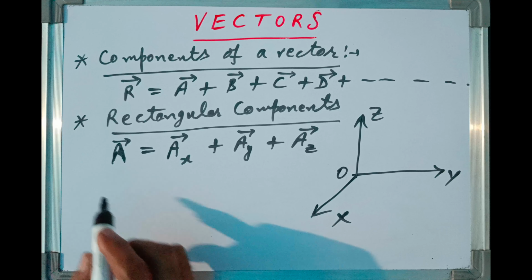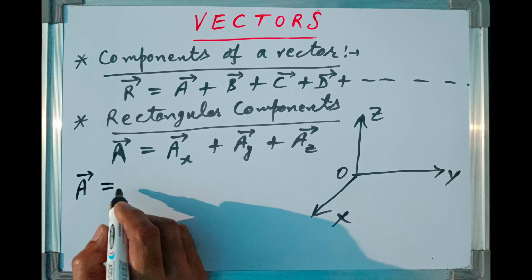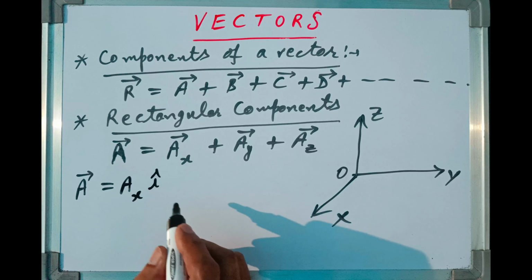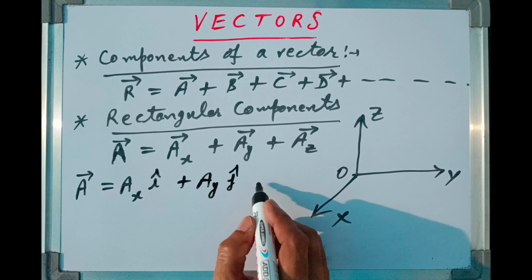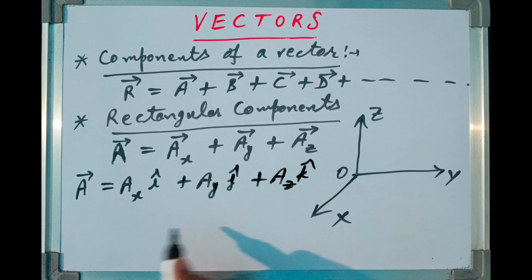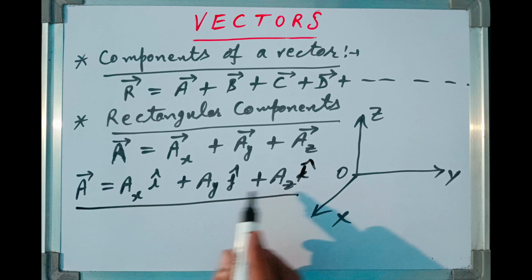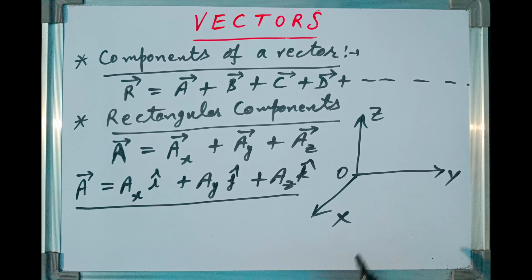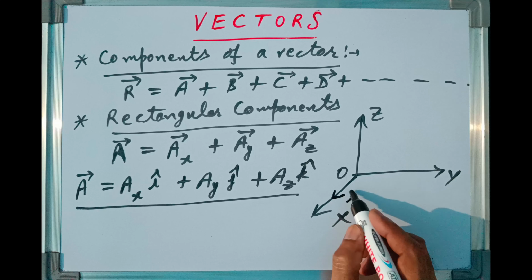Now I can write each of these 3 vectors as Ax into i cap plus Ay into j cap plus Az into k cap. What I have done, I have used the definition of unit vectors. What is i cap? It is a special unit vector along x-axis.